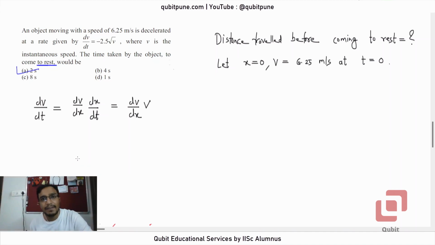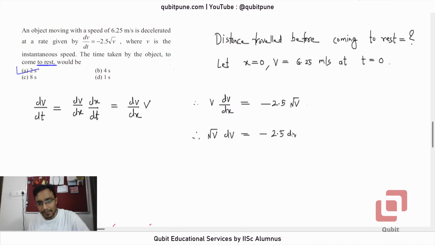We have transformed our variable from time t to displacement or position x, correct? Which gives us v dv by dx equals negative 2.5 root v. Have you understood this? Cancel root v there, so it will bring root v here, negative 2.5 dx. Again integrate.